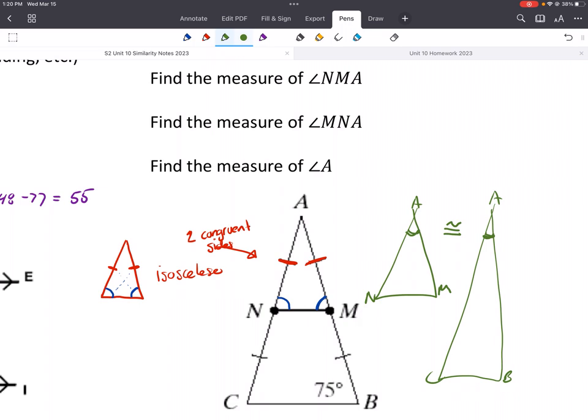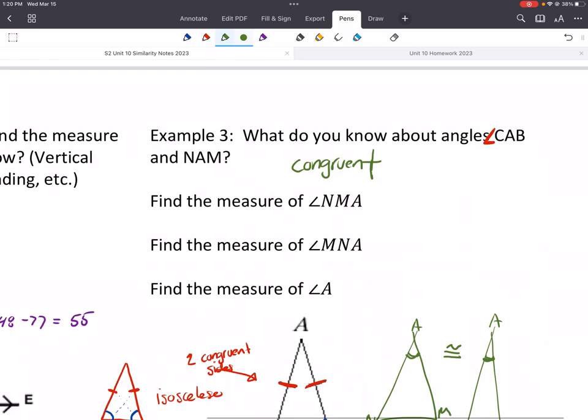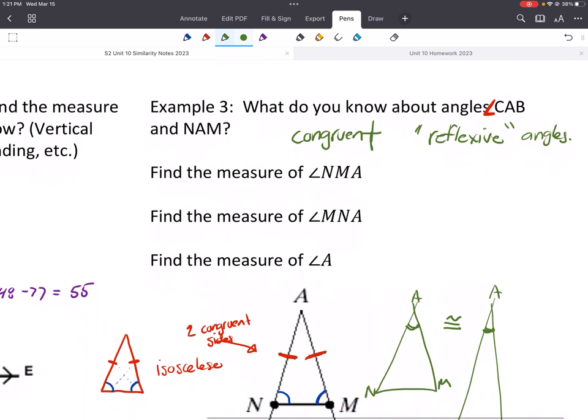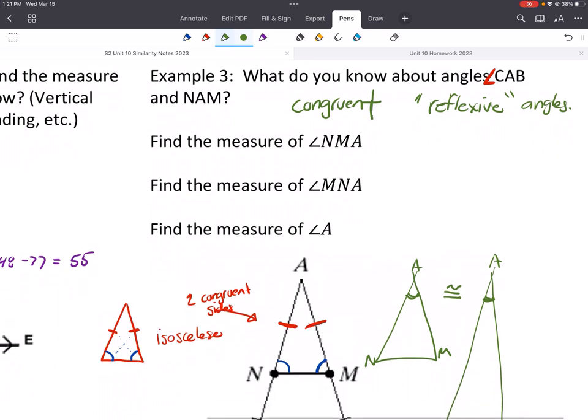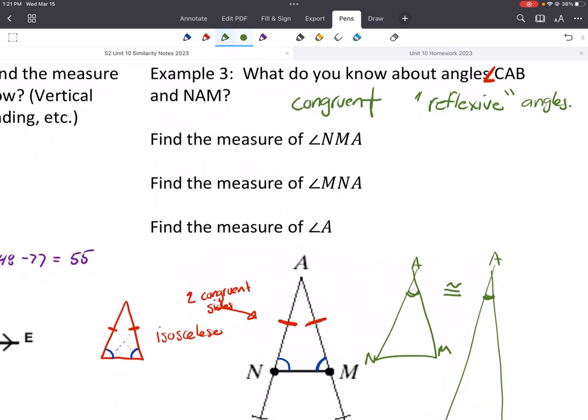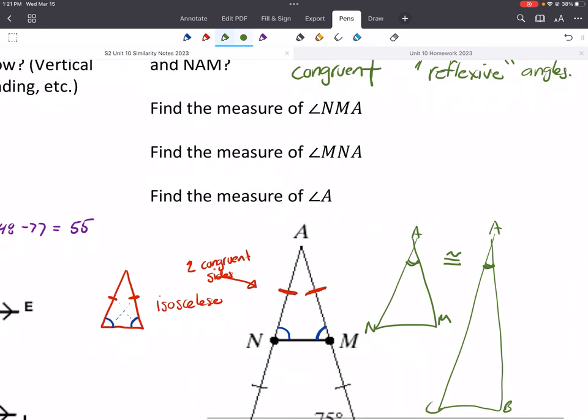These types of angles have a special name. These are called reflexive angles, okay? It's kind of nice to know, but again, you won't be tested on that. But if you have an angle inside of an angle, those are going to be congruent angles. That's the thing that you really need to make sure you get.